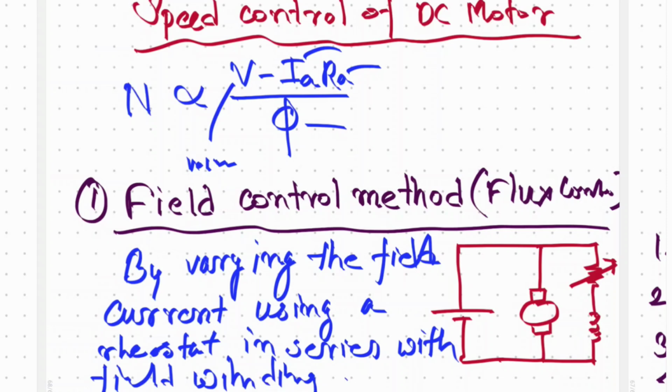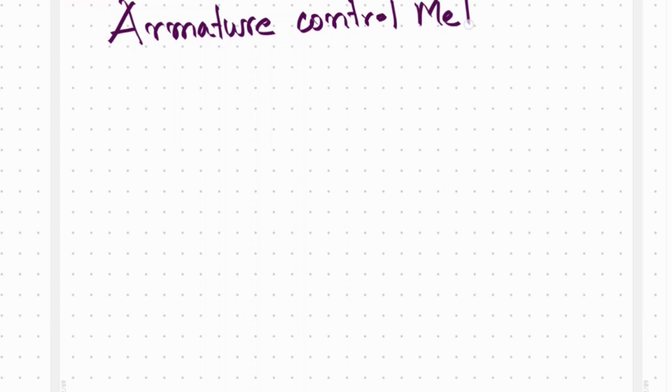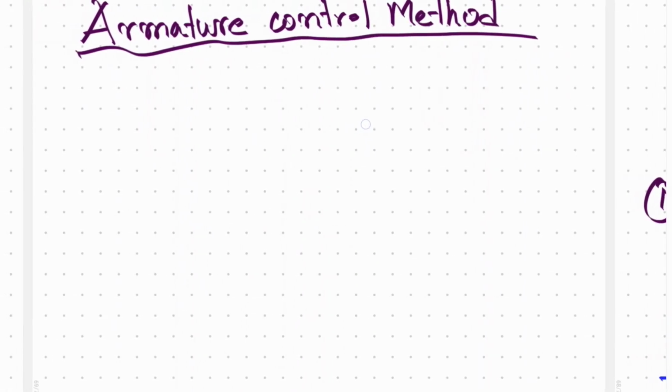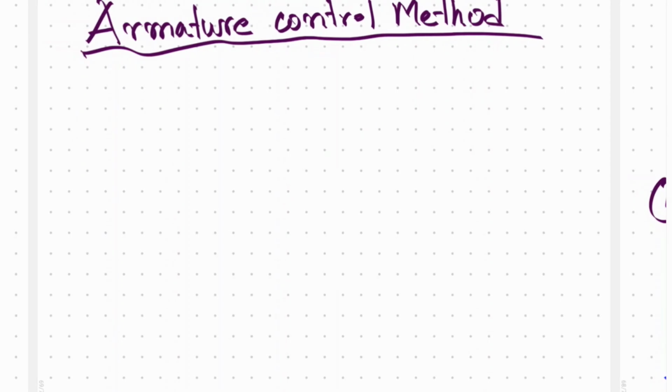The next one is the armature control method. Here the principle is N proportional to V minus IA RA.